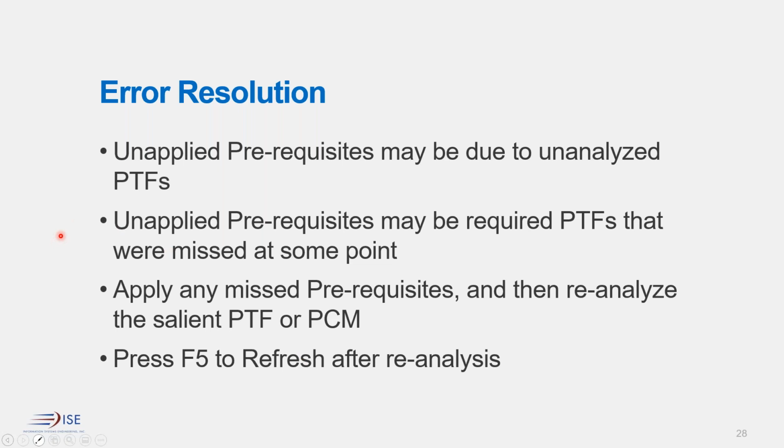If that's the case, you would just apply the PTF, which is the prerequisite, and then you would redo your analysis, but only, in this example, on that one PCM for 20079. You don't have to keep doing the Analyze All when you're fixing the errors. You just do that the first time to get all of your background data set up, and then you can just fix your errors and rerun the one PTF or PCM that had the error, and you'll see them update then, and those will run really fast.